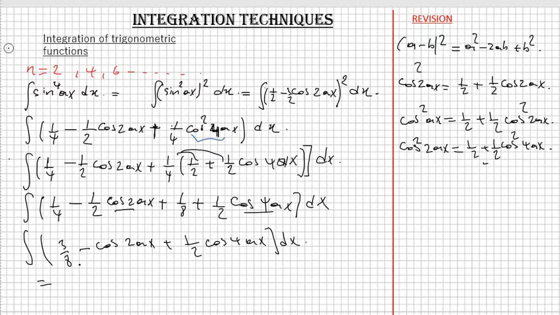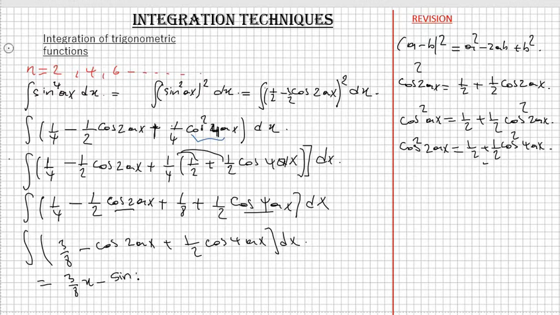So 3 over 8 is a constant. If we integrate the constant, we get 3 over 8 x. So what is the integration of cos? Because when I derive sine, I get cos, so when I integrate cos, I'm gonna get sine.